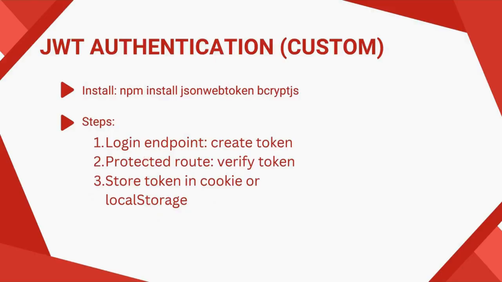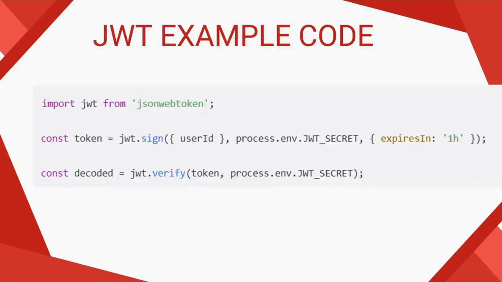We go for an example. Here you can see import jwt from jsonwebtoken, the JWT library. Then you can see const token = jwt.sign with userId, process.env.JWT_SECRET, expiresIn 1 hour.